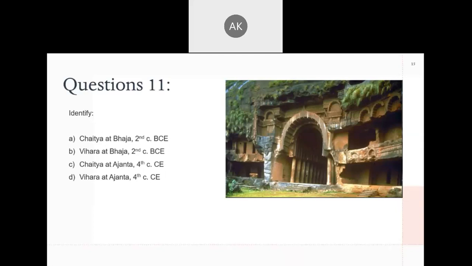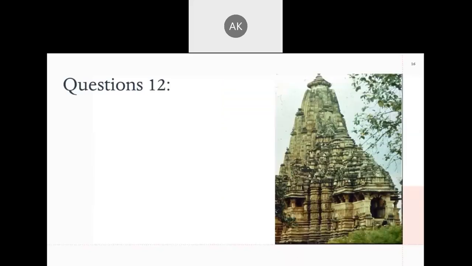Okay, what is Chaitya? Chaitya refers to a shrine or sanctuary or prayer hall, and normally it is related to Buddhist architecture. It is the term used in Buddhist architecture for a place with a stupa and a rounded apse at the end opposite the entrance. It has a high roof with a rounded profile. So we can see here, the answer is Chaitya at Bhaja.